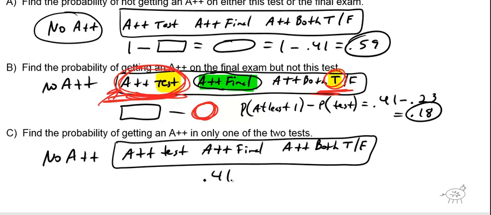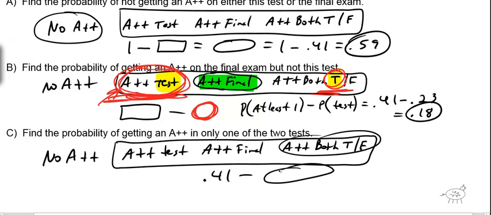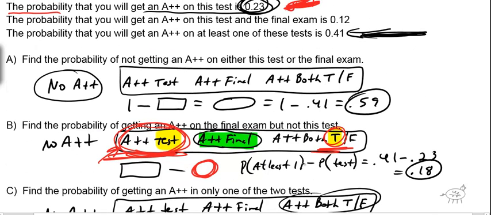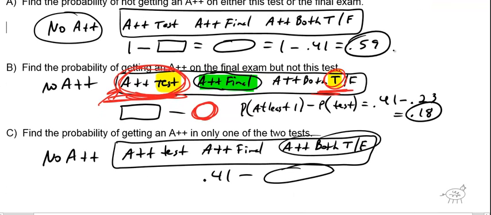This one's got to be eliminated. So we're going to subtract that one and we'll look at the probabilities we're given. Here it is, right there, that middle one. The probability you get an A++ on this test and the final. That's both. And that's what this is. So that's 0.41 minus 0.12. And that gives us 0.29 as an answer.